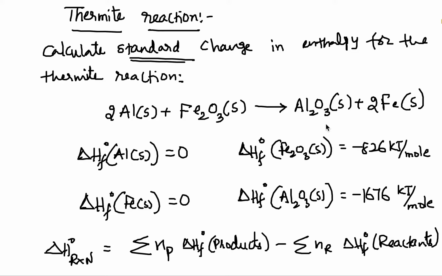Al2O3 is 1 mole, therefore Al2O3 enthalpy of formation must be multiplied with coefficient 1. The data given here is per mole, and we should be careful with the moles of each substance in the reaction. For iron, its enthalpy of formation must be multiplied with 2, and fortunately its value is 0. 2 times 0 is going to be 0, and the same is the story with the aluminum.